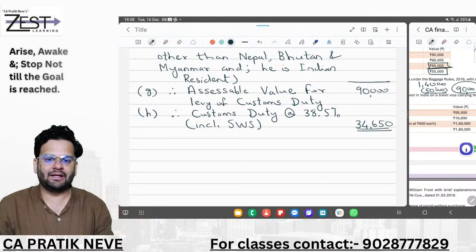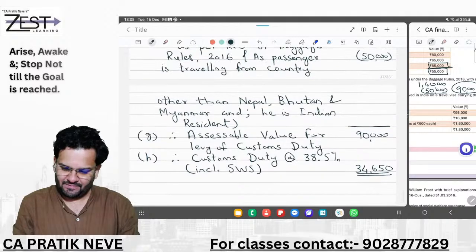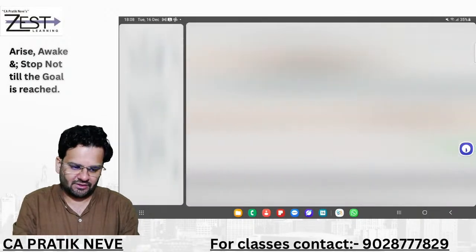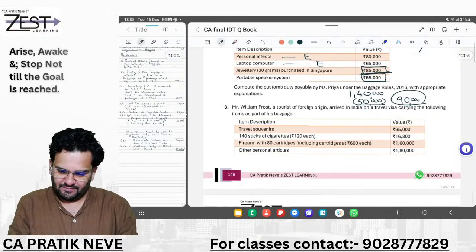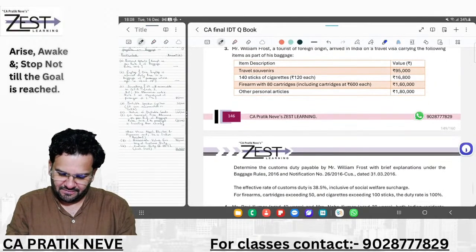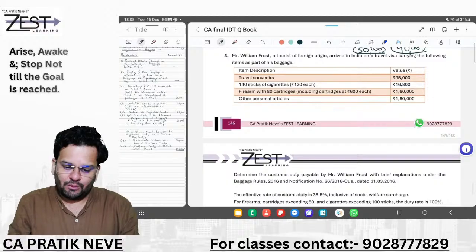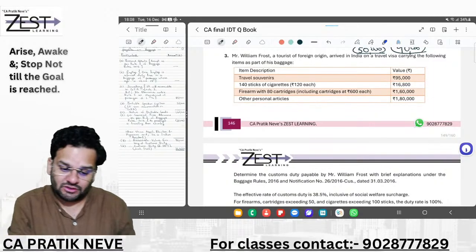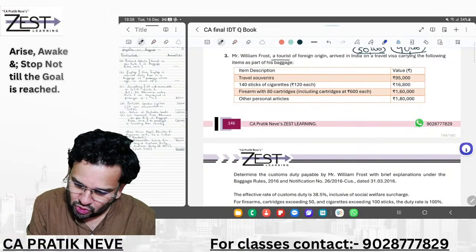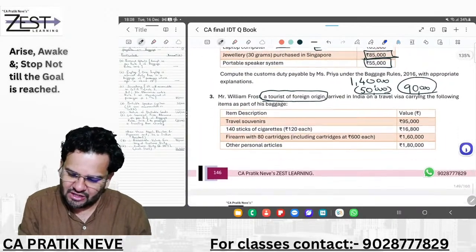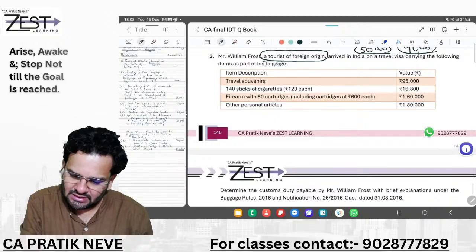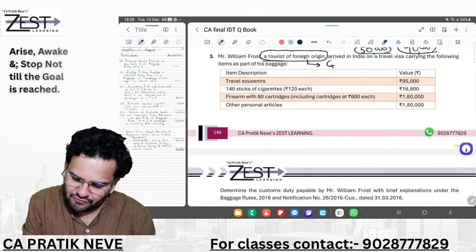Are you all getting this? Yes. So let's go ahead now. Next, William Forrest, tourist of foreign origin. Friends, tourist of foreign origin. So here you know GFA will be how much? Here GFA will be 15,000.